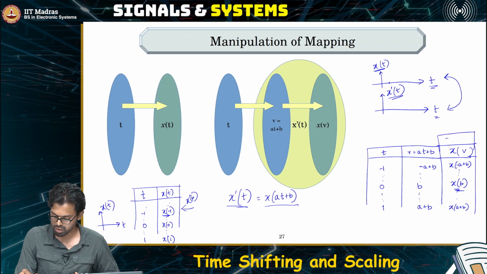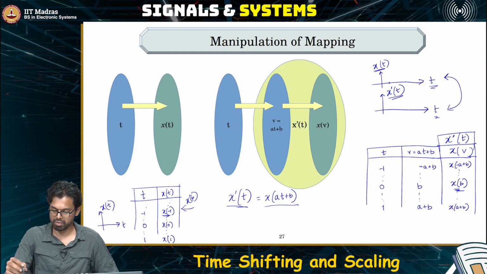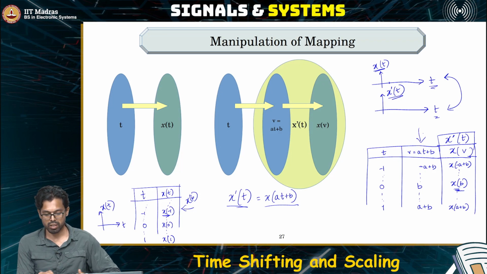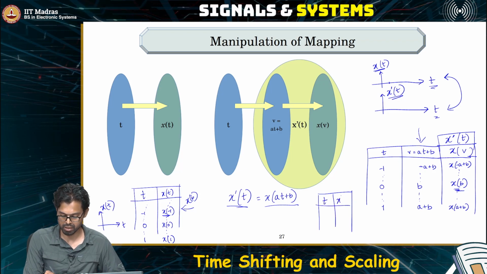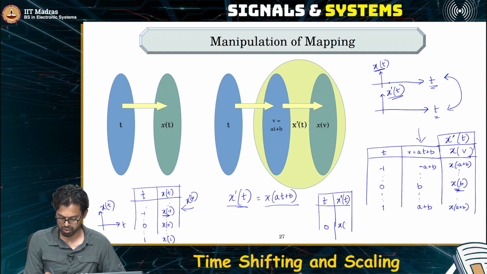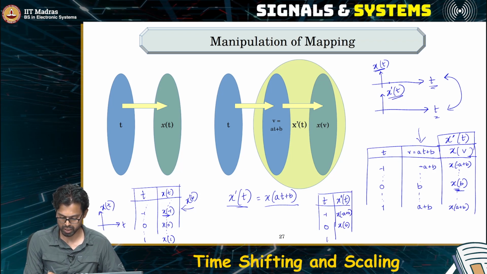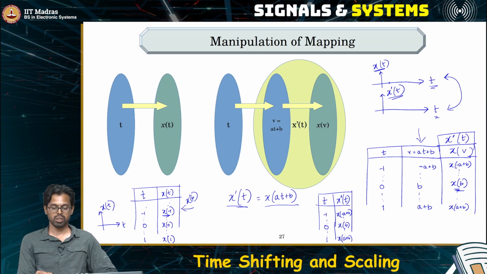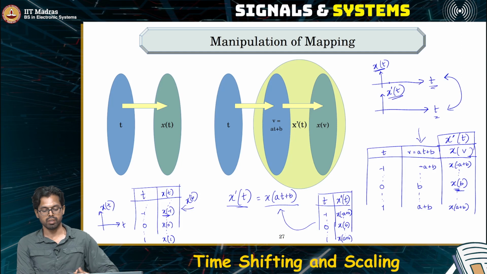So you can completely forget this column in between and then simply call this a new signal, where the map is given by this: when t is 0 you have x of b, and when t is minus 1 you have x of minus a plus b, at 1 this is x of a plus b, and so on. So this is a totally new signal, and that signal is your time shifted and scaled version.